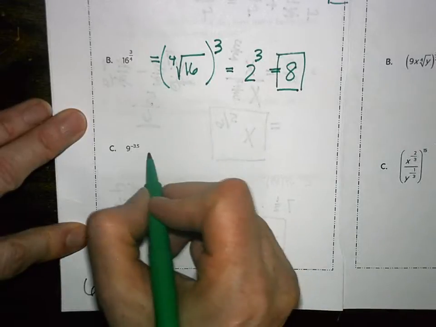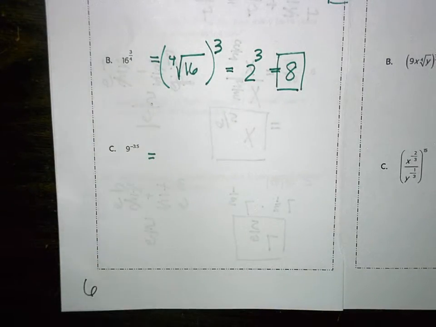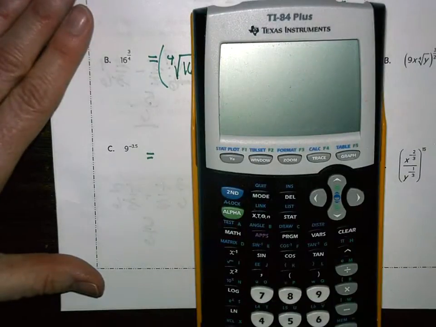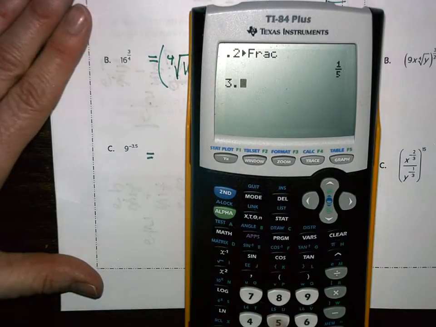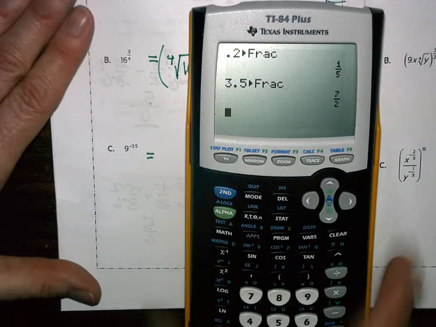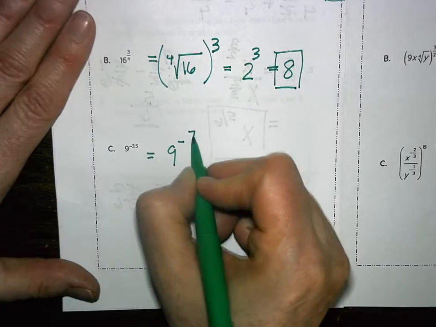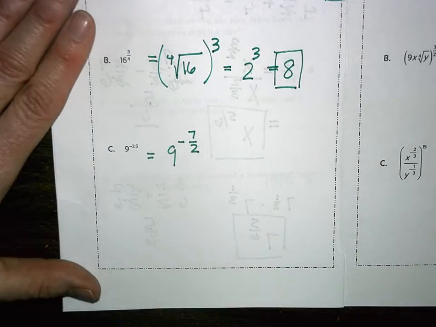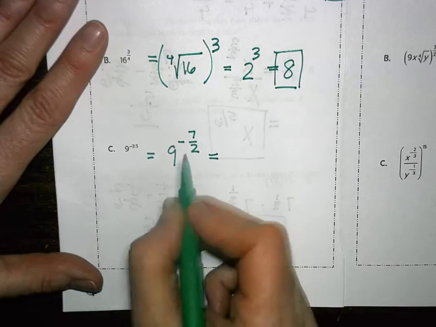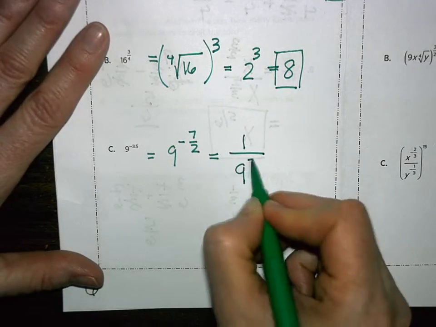This one equals 3.5. Well, let's take our calculator out and get that fraction, okay? So I want to know what that is. 3.5 math fraction, 7/2. Okay, so I have 9 to the negative 7/2. Well, let's first get rid of that negative. 1 over 9 to the 7/2.